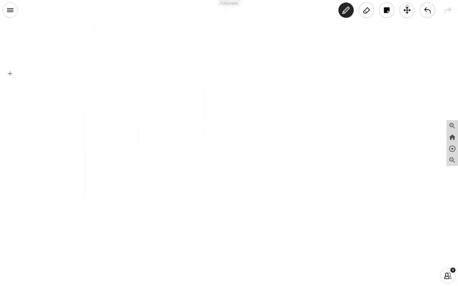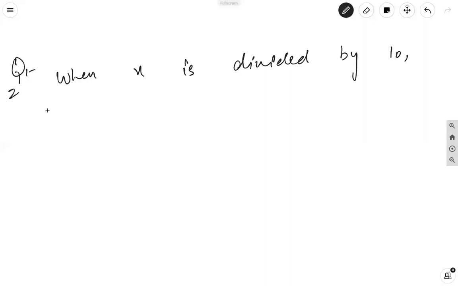Last question for today. The question is that when x is divided by 10, the remainder is 3.